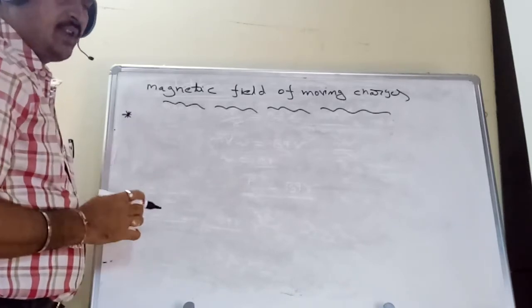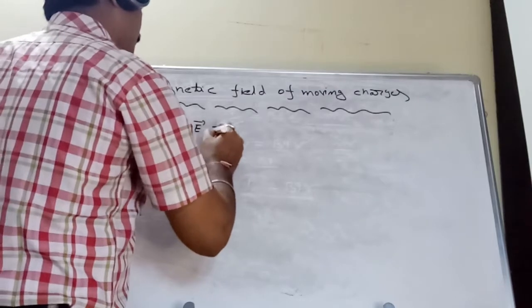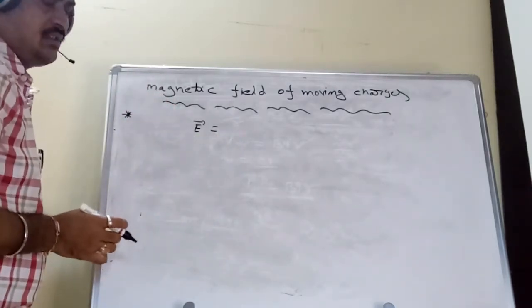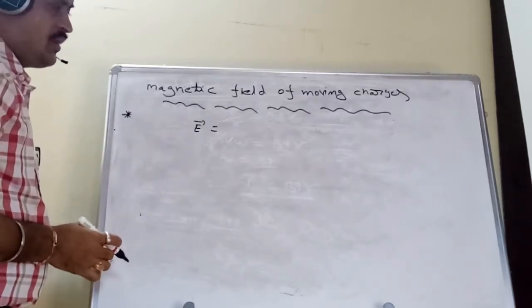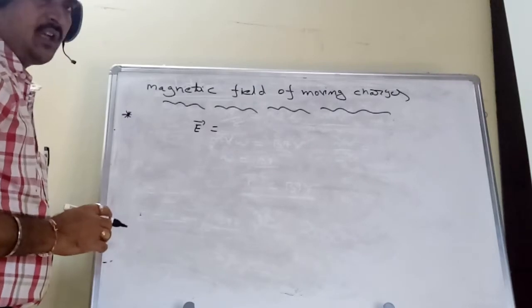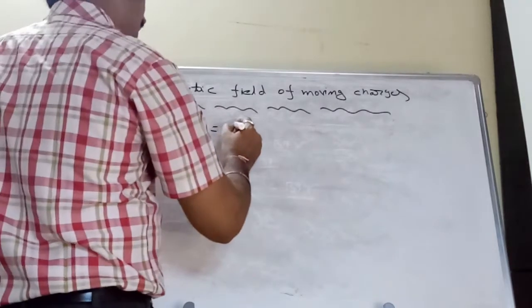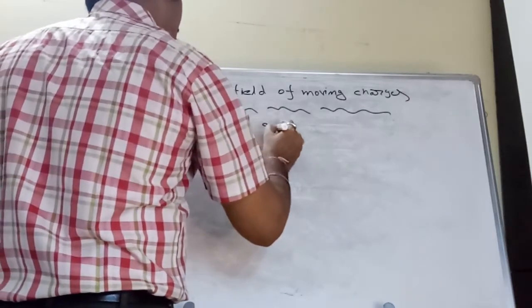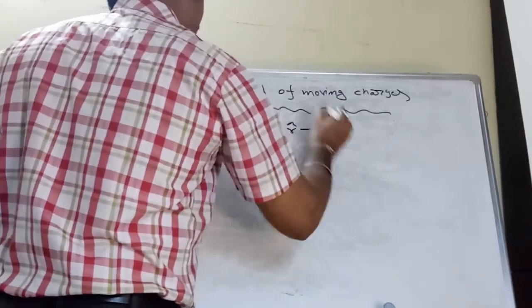Here only an electric field acts, that is E bar equal to 1 by 4 pi epsilon naught, q by r cube, r bar, where r bar is the radius vector. This is the first equation.